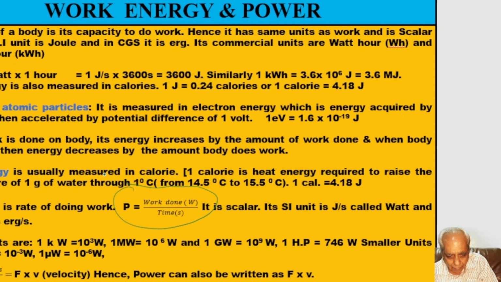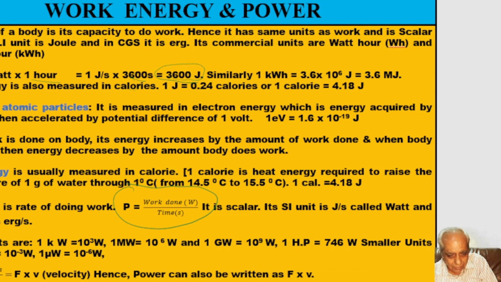So in 1 hour, how much work can you do? Whatever the power is, multiply by 1 hour in seconds, which is 3600. Therefore 1 watt hour is 1 watt into 1 hour. What is 1 watt? 1 joule per second. What is 1 hour? 3600 seconds. So 1 watt hour is 3600 joule. So this is a unit of energy.